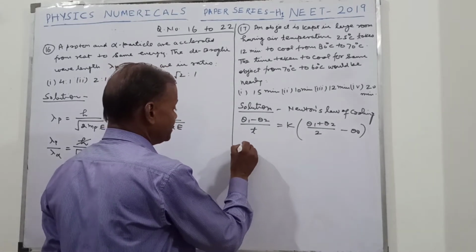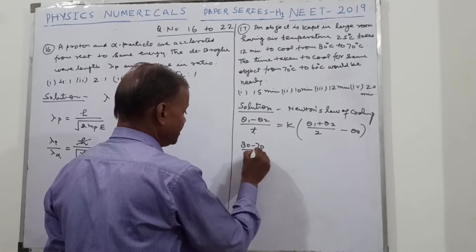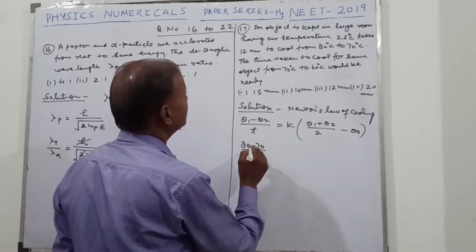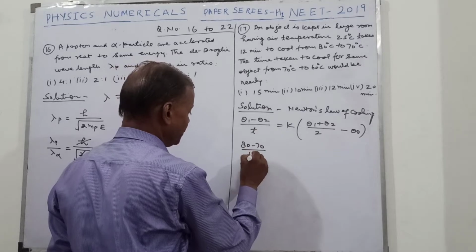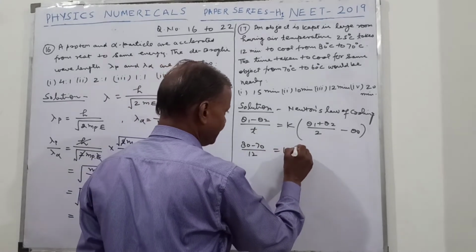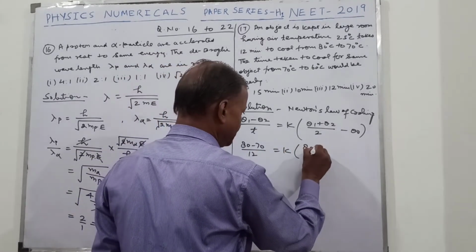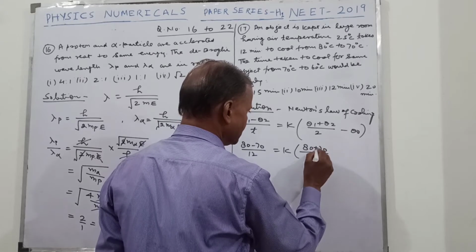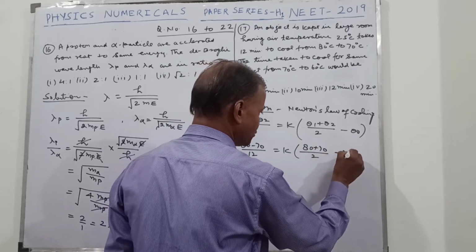So now we take 80 minus 70 upon t, which is 12 minutes, equal to K into (80 plus 70) upon 2 minus 25.